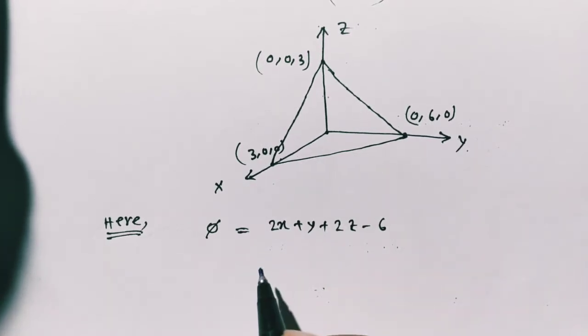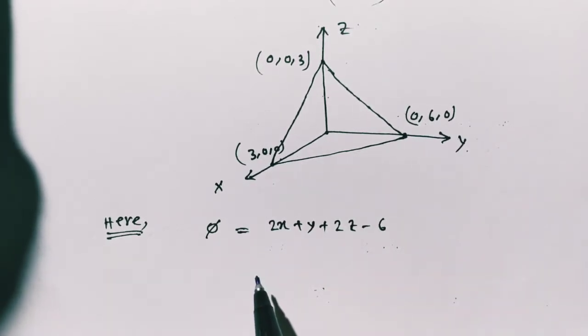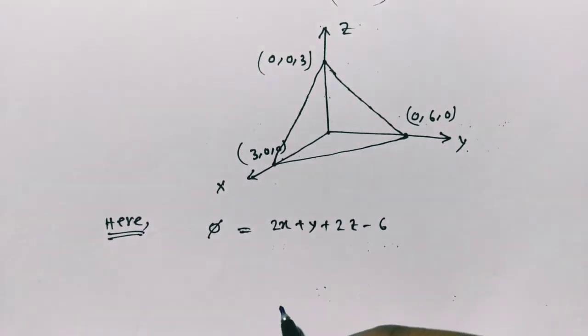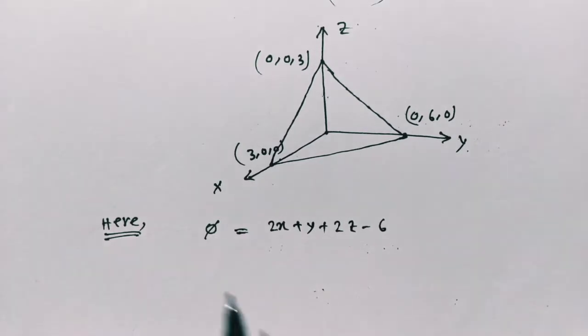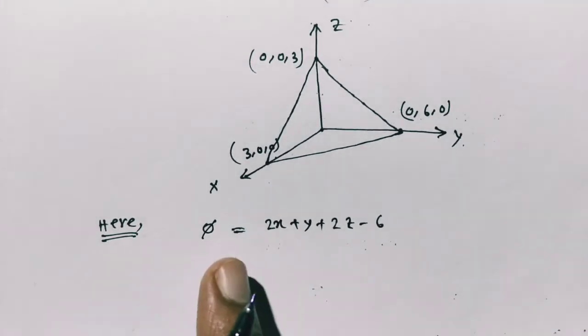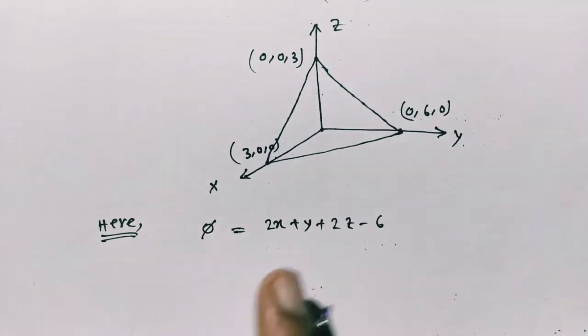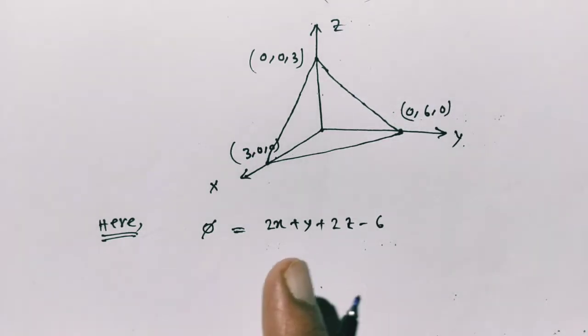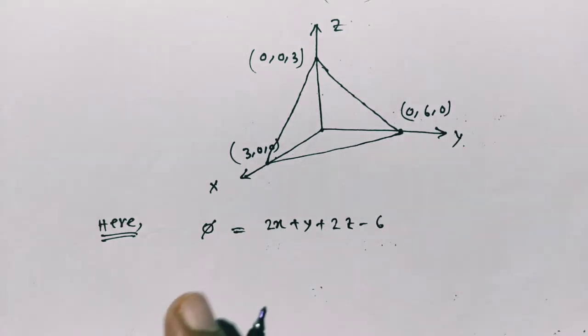Now n cap will be grad phi divided by mod grad phi. We know this from our basic study of gradient, divergence and curl, that if we know the equation of a surface, then we can easily determine the unit normal to this surface by using the formula grad phi divided by mod grad phi.